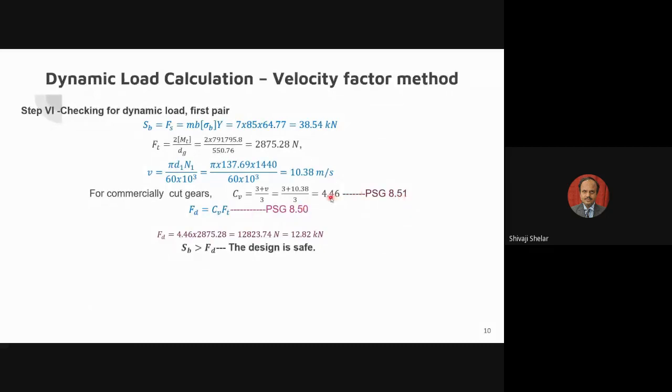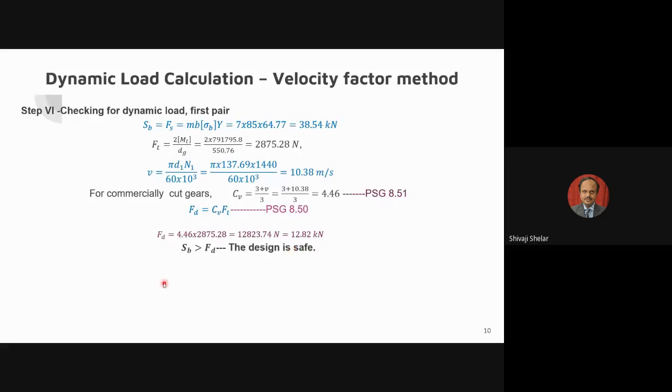CV comes out to be 4.46. Putting this value, you get the dynamic load by the velocity factor method equal to 12.82 kilonewton. Now my capacity is 38.54, so this value is again less than 38.54. So my beam strength is greater than FD, so my design is safe here.